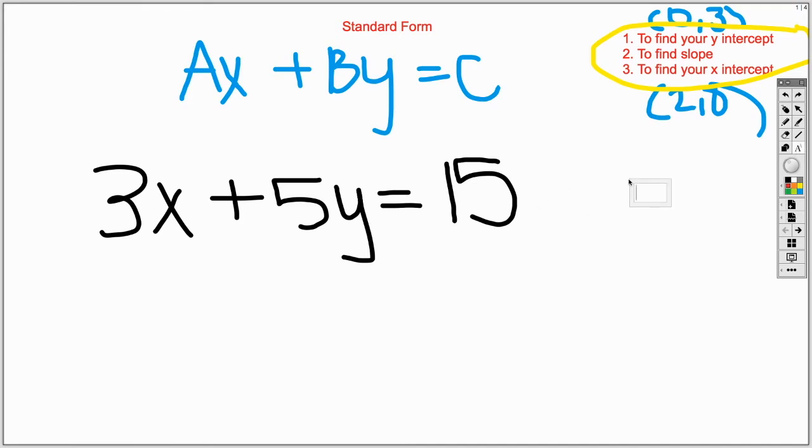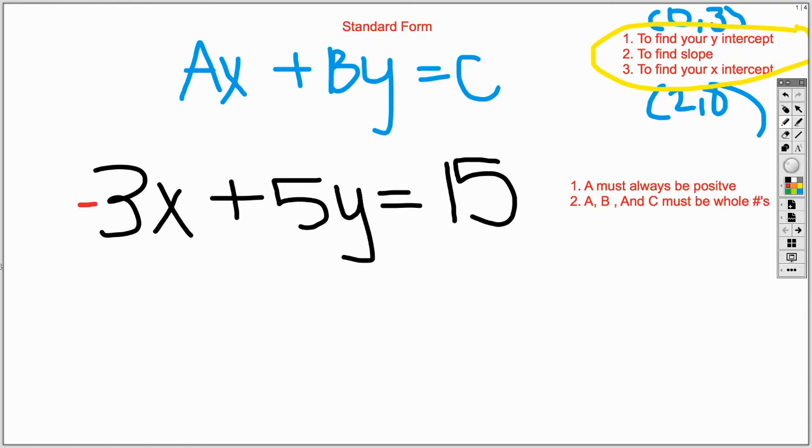In solving, I just want to let you know of 2 rules that you always have to keep in mind when doing standard form, regardless of whatever technique you use. One is that A must always be positive, and two is that A, B, and C must be whole numbers. So 3x can't be negative 3x.